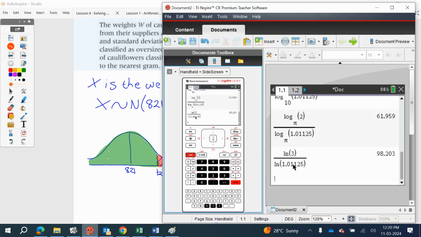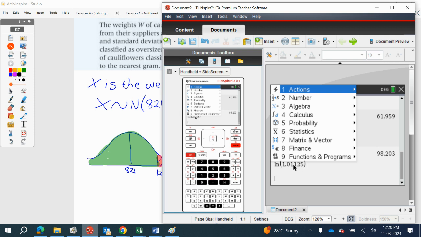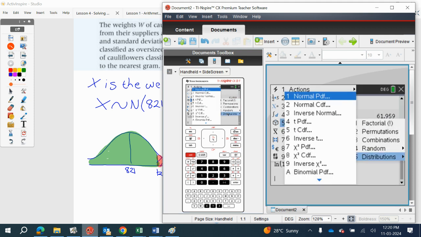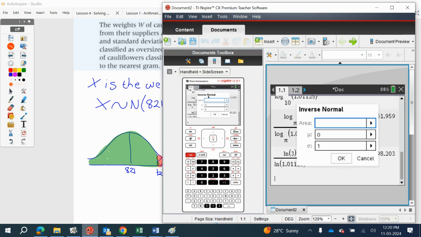Very easy. On the calculator, we want menu, probability, distributions. Now we want number 3. For the probability distributions, we never use 1. We use 2 and 3. We use A and B for the binomials. So we want the inverse normal distribution.